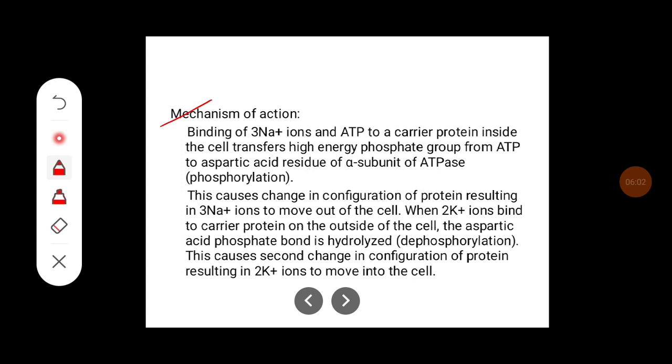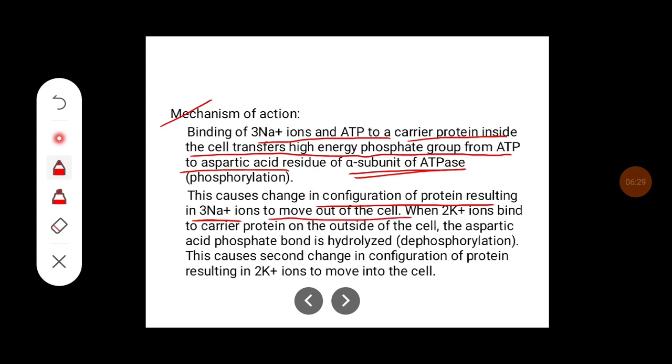The mechanism of action of the sodium potassium pump. The binding of 3 sodium ions and ATP to a carrier protein inside the cell transfers a high energy phosphate group from ATP to the aspartic acid residue of the alpha subunit ATPase, which leads to phosphorylation. This causes a change in the configuration of the protein, resulting in 3 sodium ions moving out of the cell.